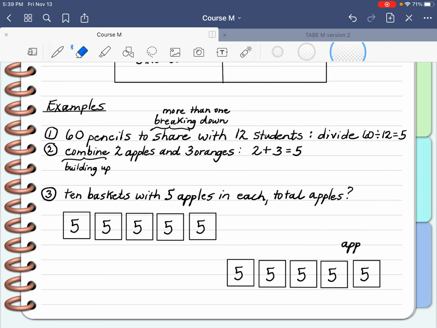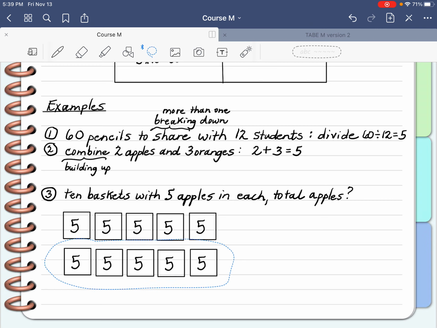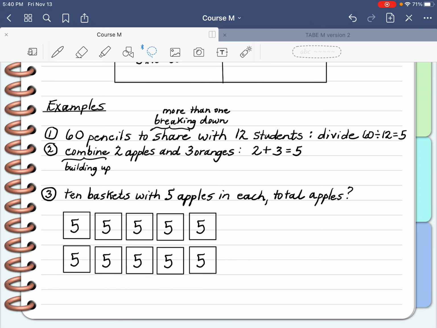I don't need that word apple though. So here are my 10 baskets that each have 5 apples. So I want to know how many apples in all. That's building up. I'm building up the same thing over and over. I'm doing 5 apples 10 times. So that is 50 total when I build it up.